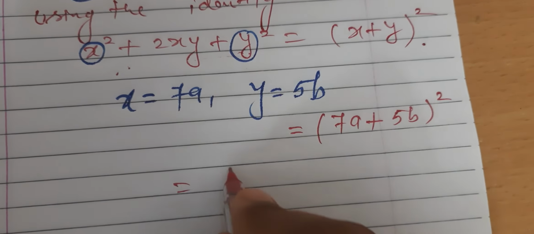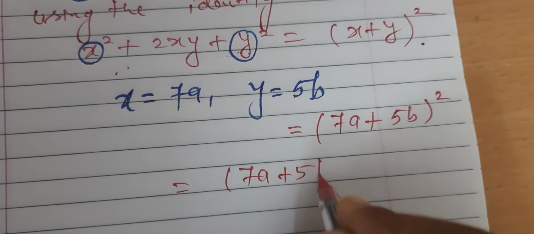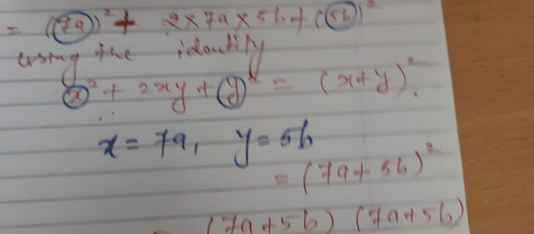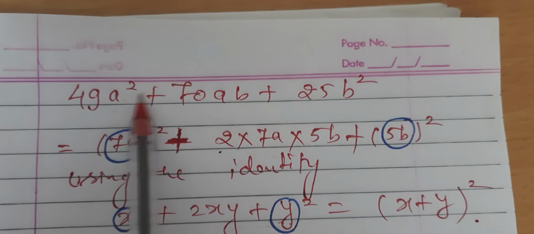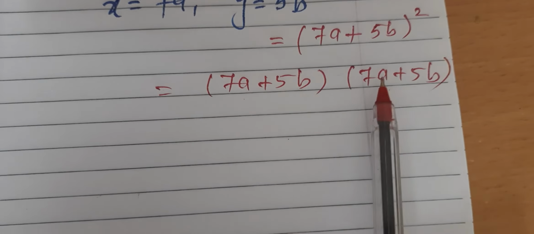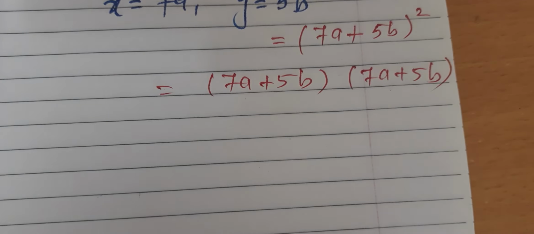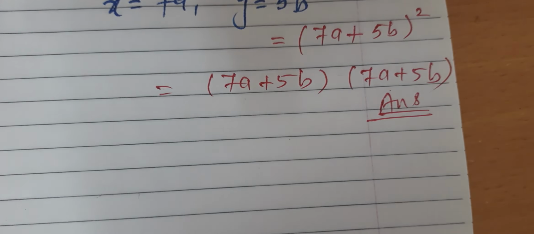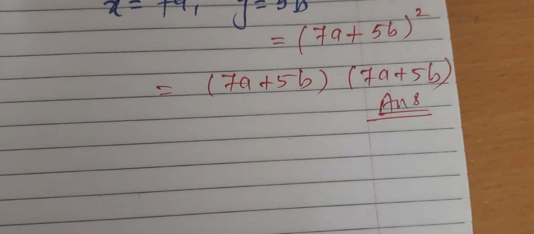This can be written as 7a plus 5b and 7a plus 5b. Since it's a quadratic polynomial, a 2-degree polynomial, we get two factors. So the factors of this polynomial are 7a plus 5b and 7a plus 5b.